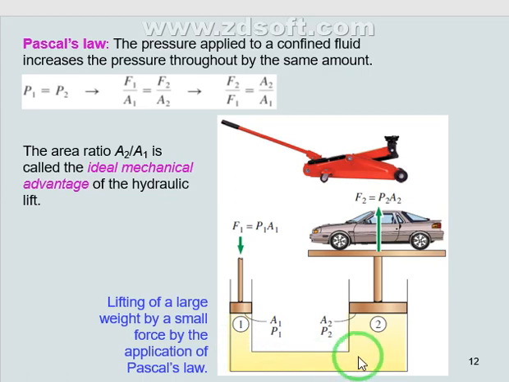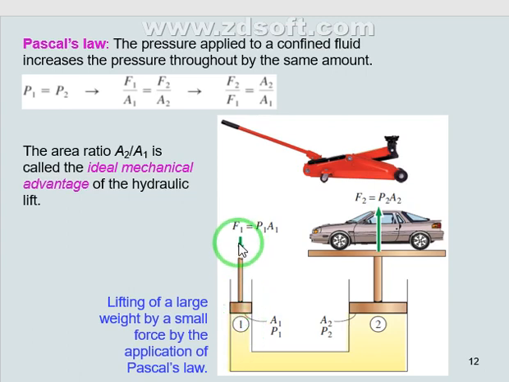This pressure will be applied to another, bigger area, with a bigger force, because the pressure is going to be the same. Pressure P1 equals P2. So look at this figure here. We must know that this is only applicable for a confined system, when the liquid is confined.